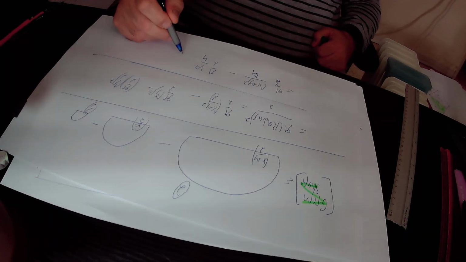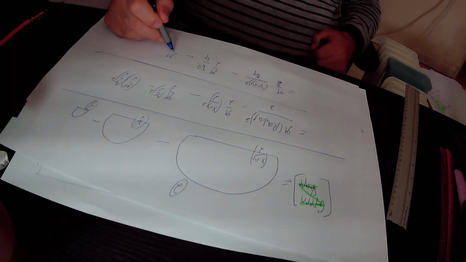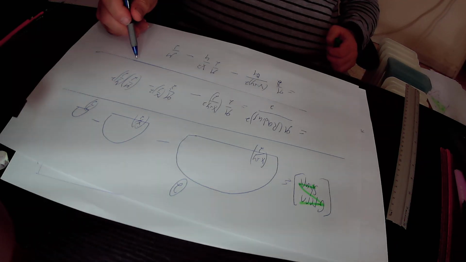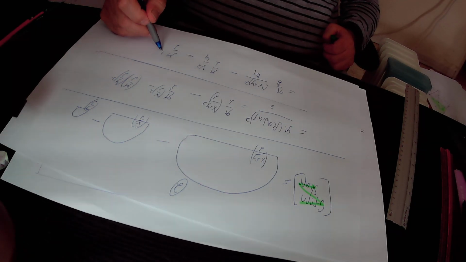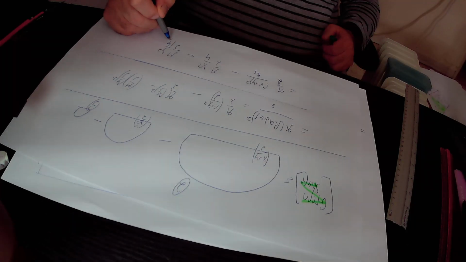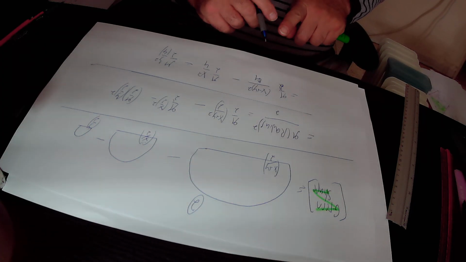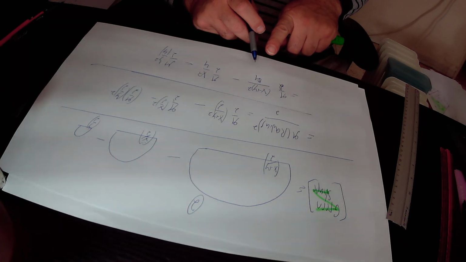Minus pi over 2 times y over 2 squared. Y over 2 squared equals y squared over 4. So here we have 8 in the denominator of all those three expressions.